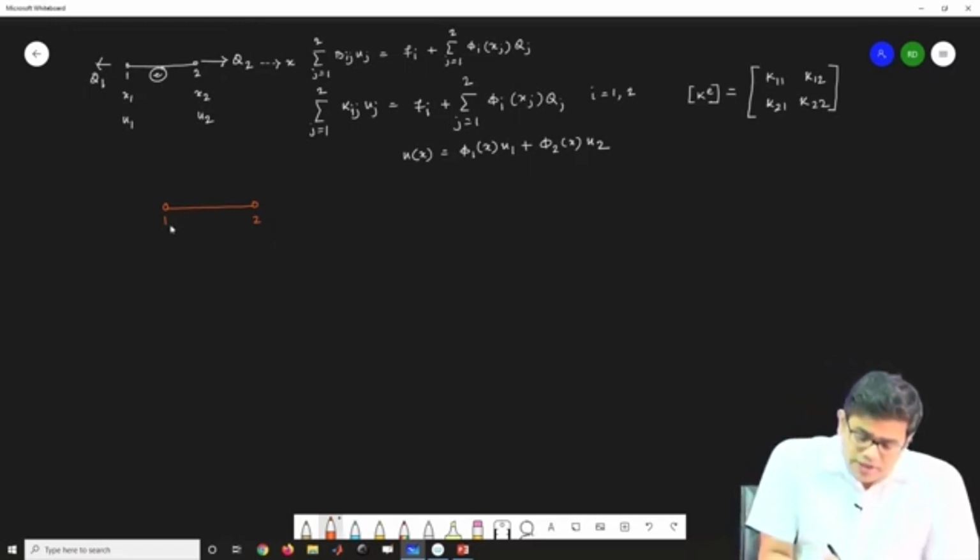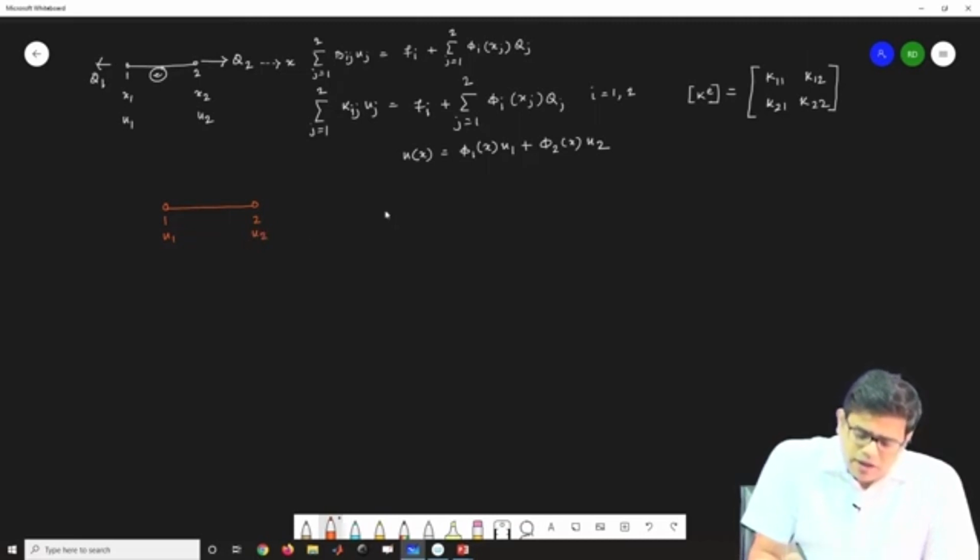Obviously, it has to satisfy that at node 1 the displacement is u1, and at node 2 the displacement is u2.